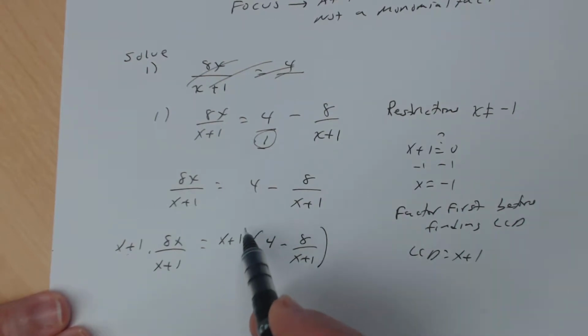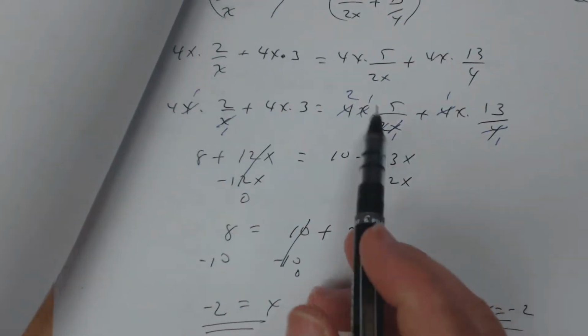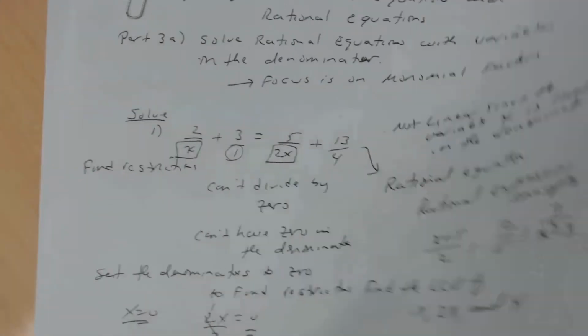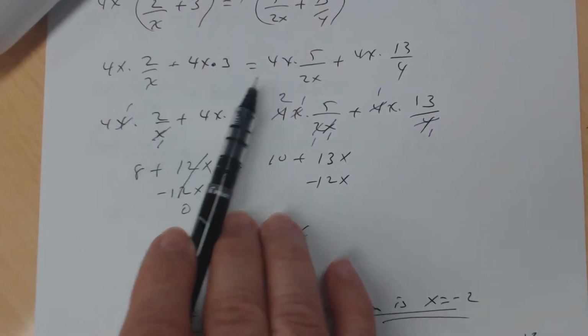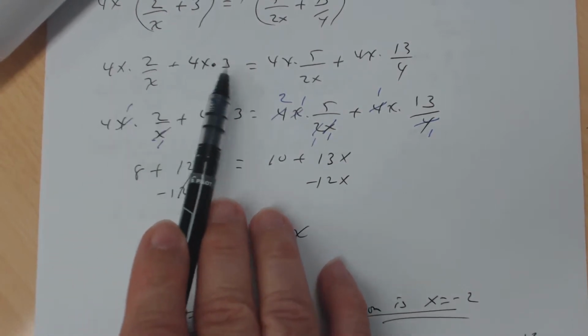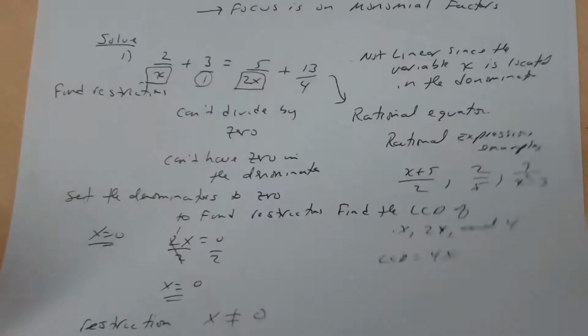And then you're going to distribute, just like you did before. So every fraction, just as before, is multiplied by the LCD.